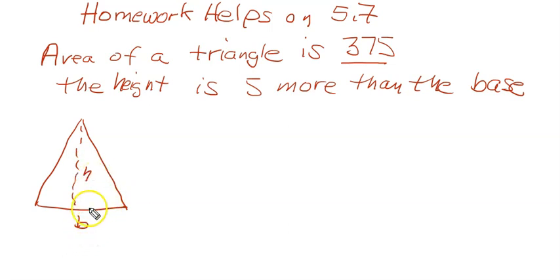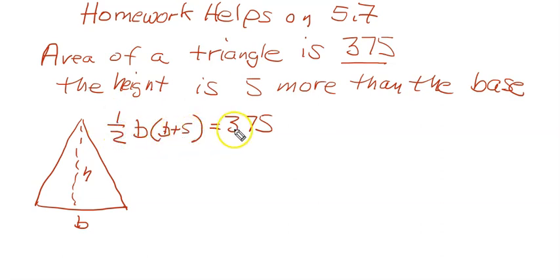So if we know the height is 5 more than the base, this will be the base times the height, which is going to be b plus 5. And that is going to equal the area of 375.